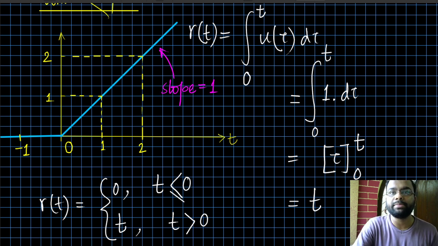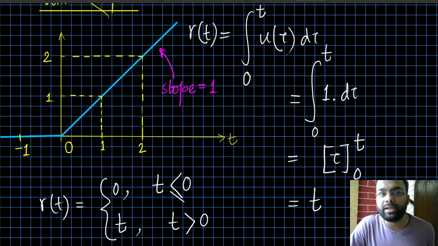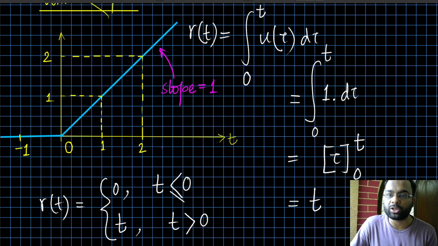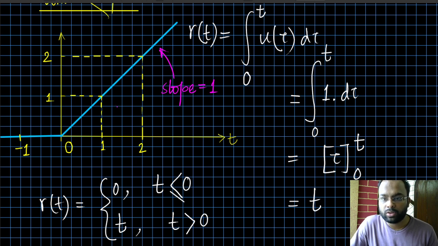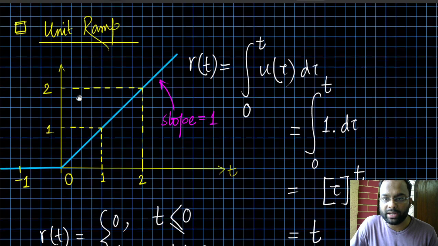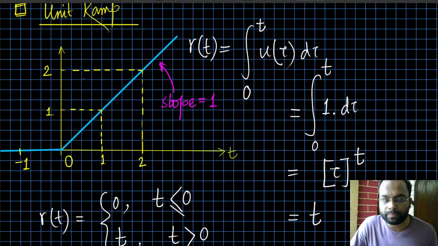The answer is simple again: the slope of the signal is equal to 1. That's why the unit ramp is called a unit ramp. The term unit is used here to make sure you understand that the slope is equal to 1. If you have any query or confusion, let me know right now.